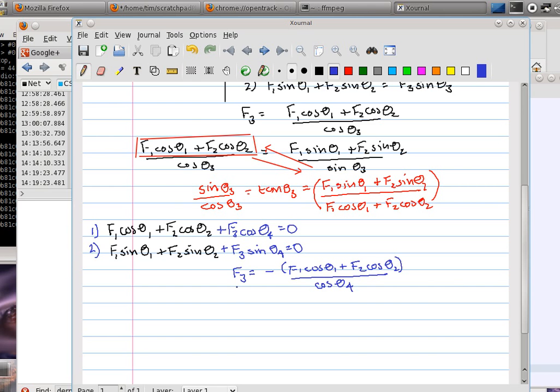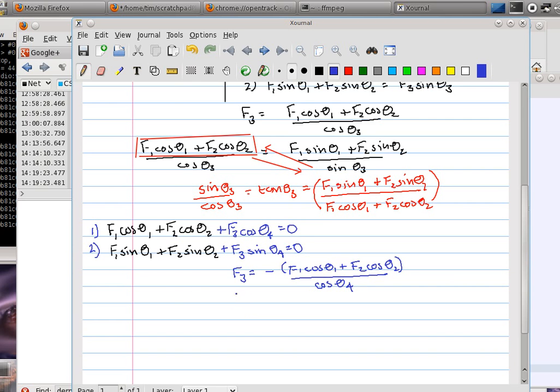Now, considering that F3 is a magnitude and therefore can only be positive, the fact that I have a negative sign in the numerator, I know all of this is already going to be positive based on my inputs. The negative sign in the numerator means that the denominator has to be negative. And for the denominator to be negative with cosine, that means I've got to be in either the second or third quadrants.